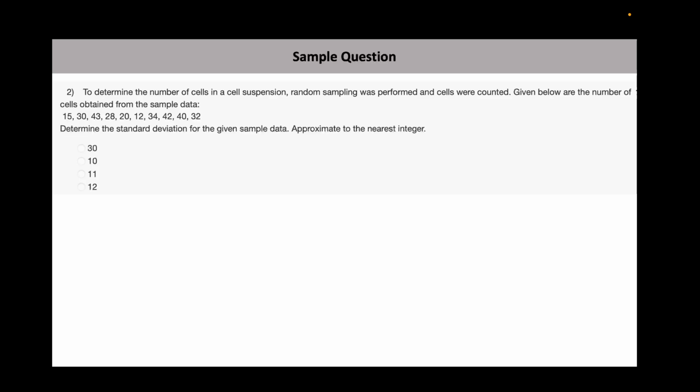Now you have to determine the standard deviation for the given sample data to its approximate nearest integer. Go ahead and solve this question. You have to find the standard deviation of the given data set. Your options are 30, 10, 11 and 12.